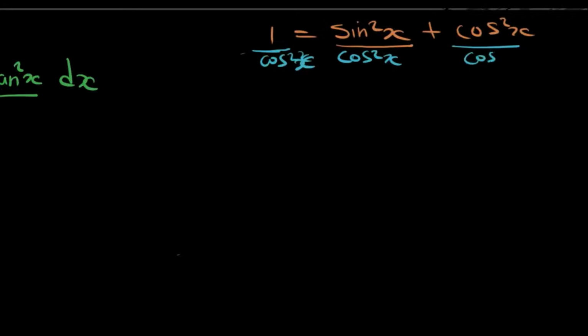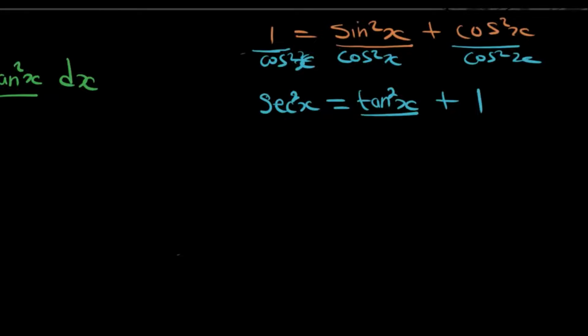When we do that, 1 over cos squared x, we know that 1 over cos is sec, but right here we have 1 over cos squared, so this will be sec squared. Sec squared x is equal to tan squared x plus cos over cos, they are all squared, this is just 1. So we are interested in having tan.